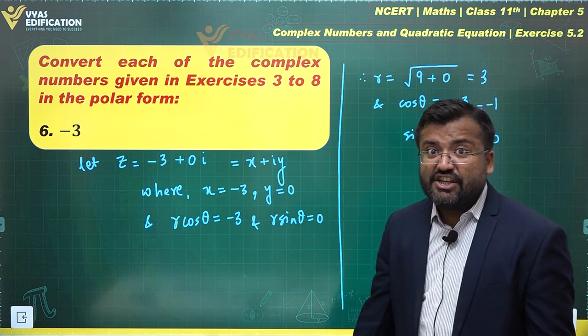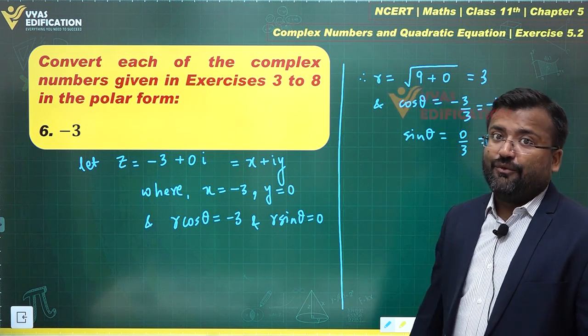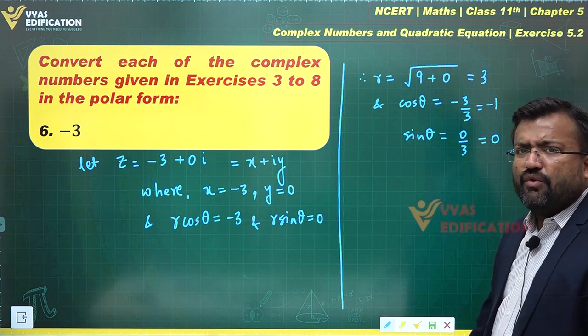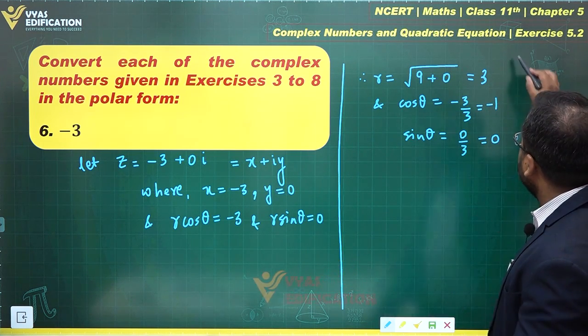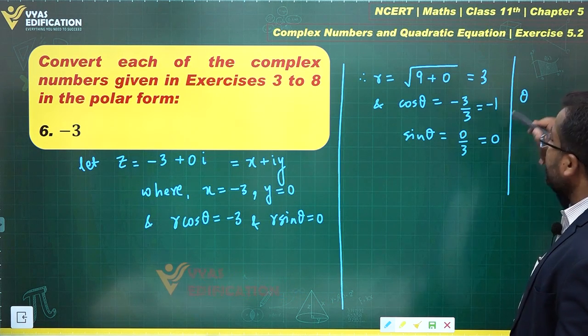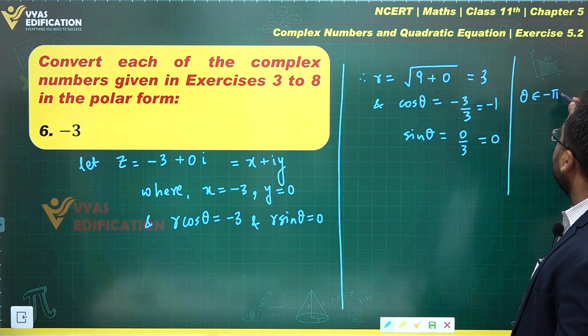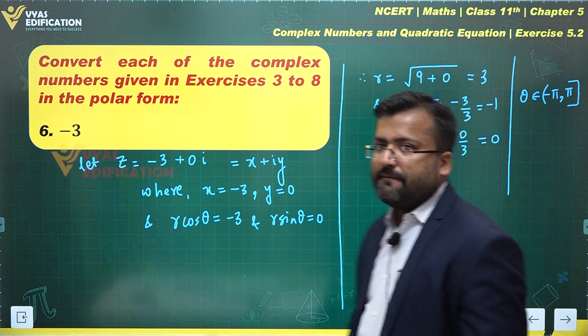Now sin theta is 0, cos theta is minus 1. Can you guess the value of theta? Very easily, yes. Cos theta minus 1, sin theta 0. Where does it bring us? You should remember, don't ever forget that theta implies the principal values, and the principal values lie in this interval, open minus pi to closed pi.